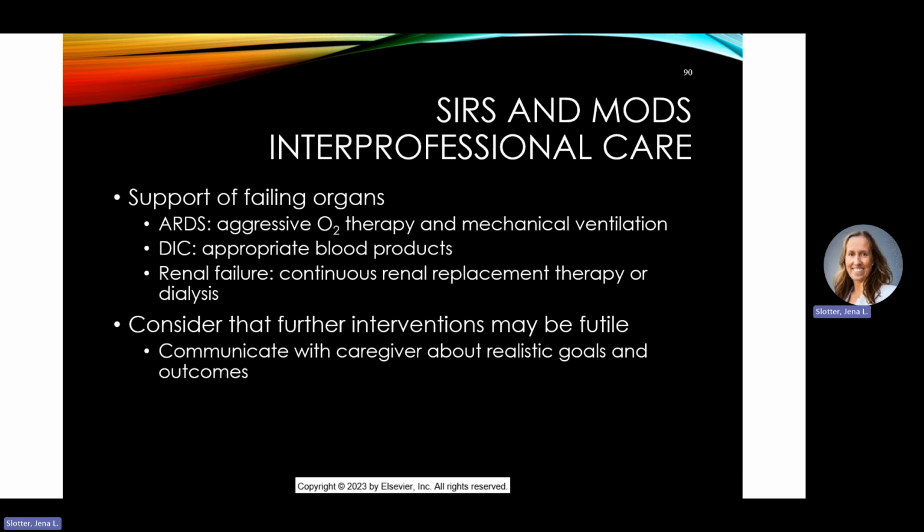All right, so still thinking about supporting the failing organs. If our patient is in ARDS, we're thinking about aggressive O2 therapy, we're thinking about ventilation. We need to be careful when we're using blood products, because we know that blood products are used in these patients, and when we give too much blood product, do you guys know what's missing from the blood product? We don't have anything to help us coagulate in the blood product.